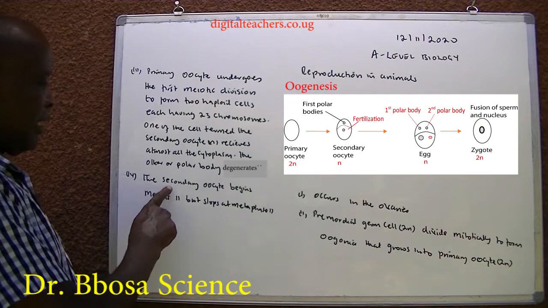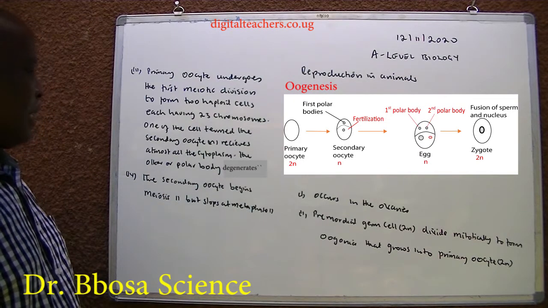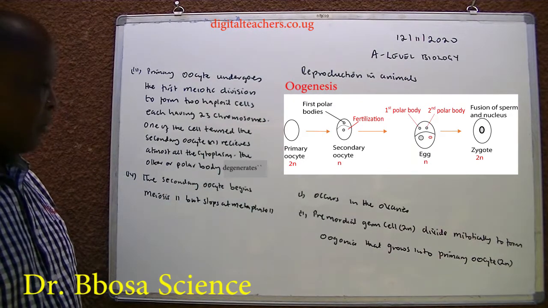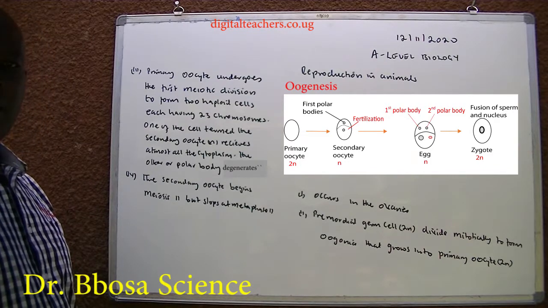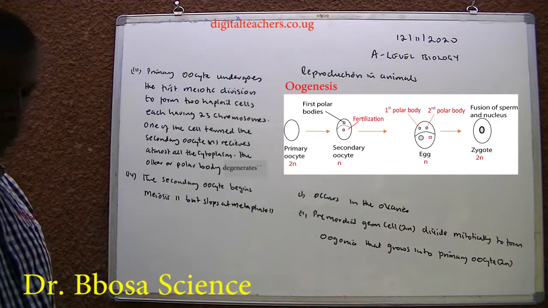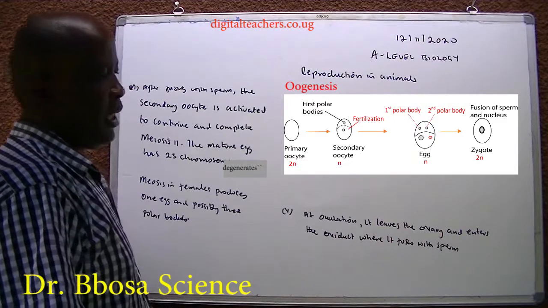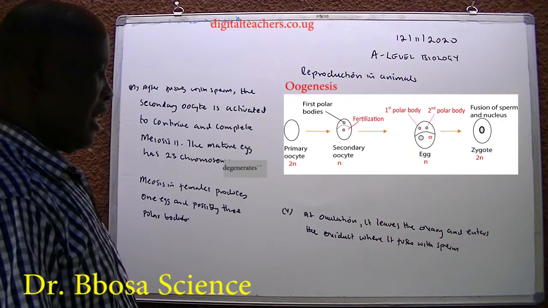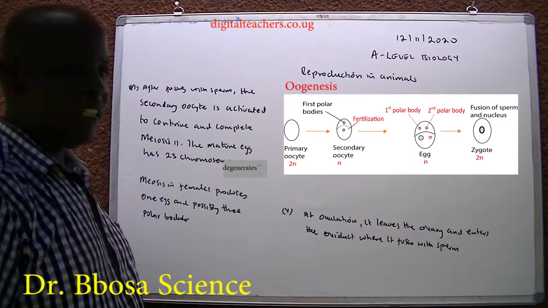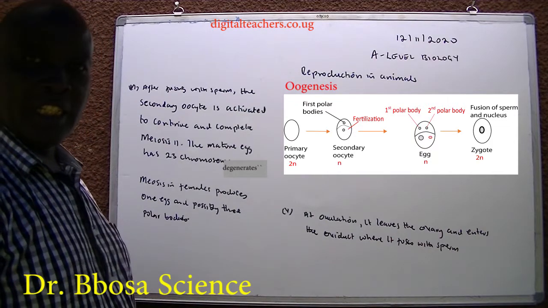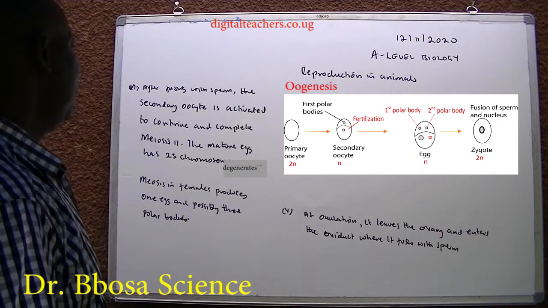The secondary oocyte begins meiosis 2 but stops at metaphase 2. At ovulation, it leaves the ovary and enters the oviduct, where it fuses with the sperm.